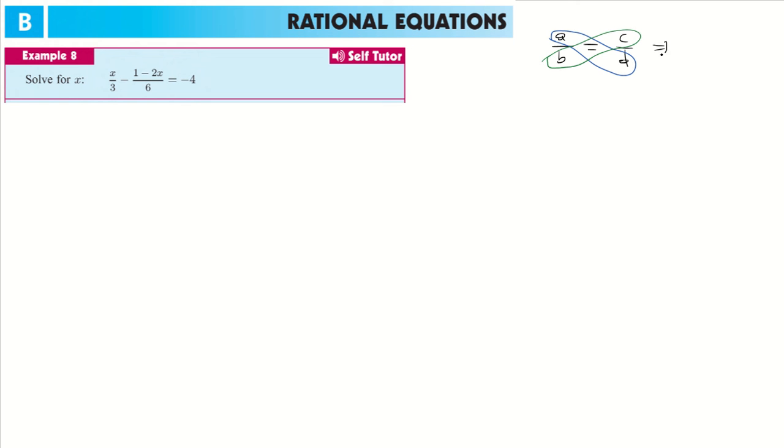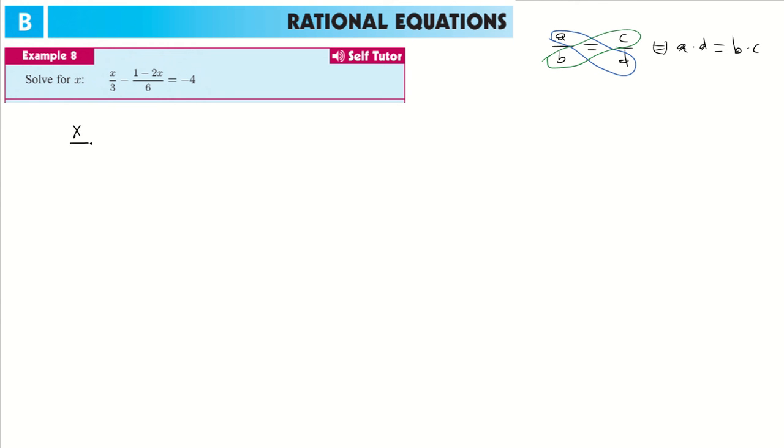So then you get a times d, which is equal to b times c. But it's not in this form here, so we can't use that. So let's use the second method with the lowest common denominator.